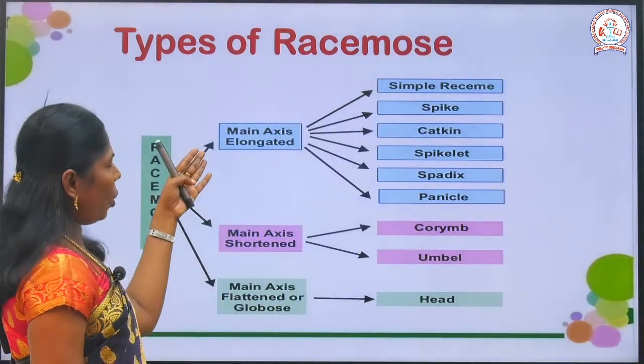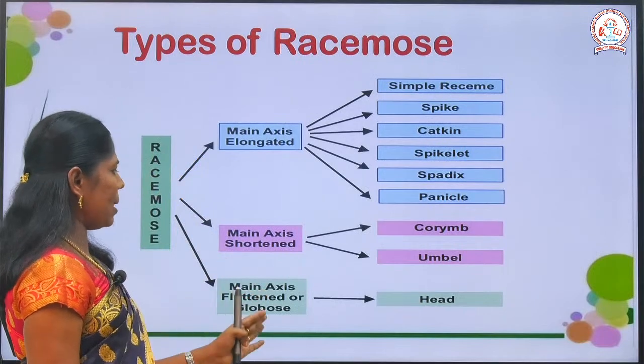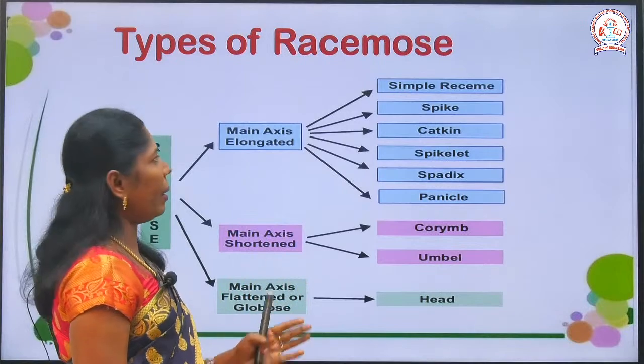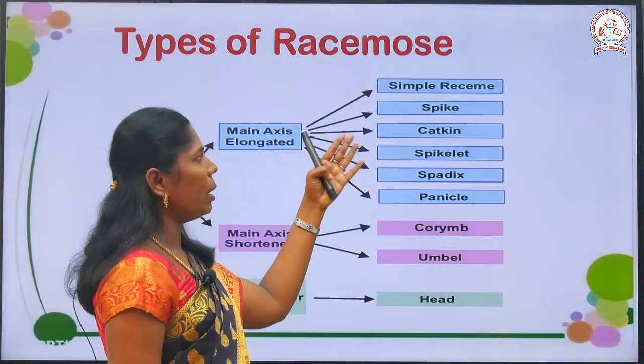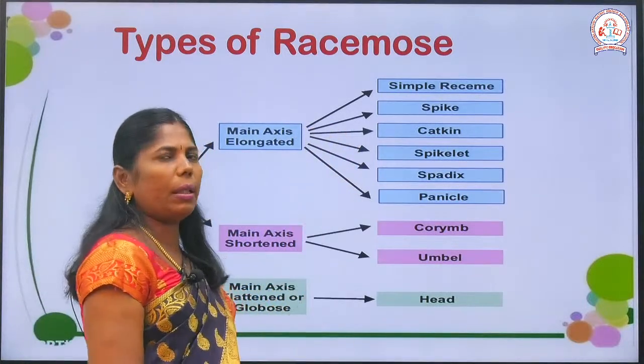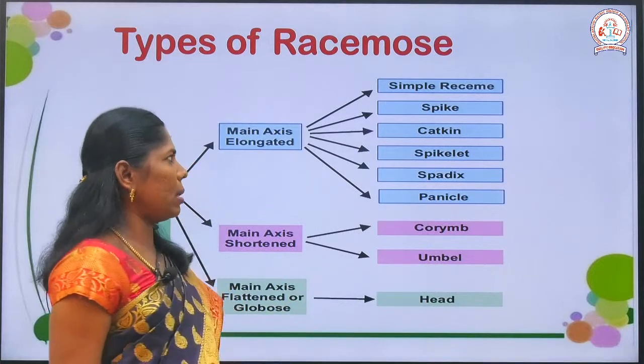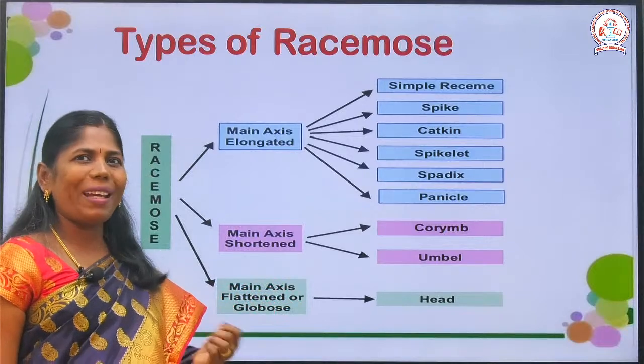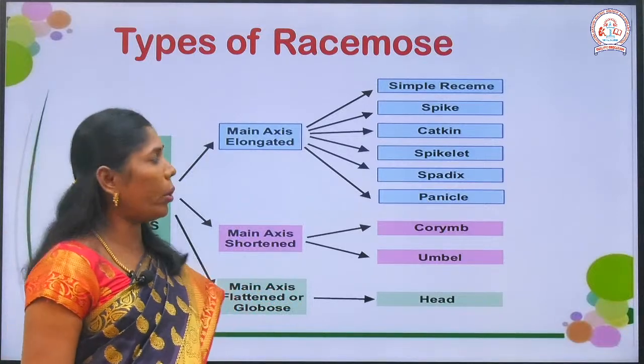The main axis elongated, main axis shortened, main axis flattened. Under main axis elongated we studied simple raceme, spike, catkin, spikelet, spadix, and panicle. Main axis shortened: corymb and umbel.